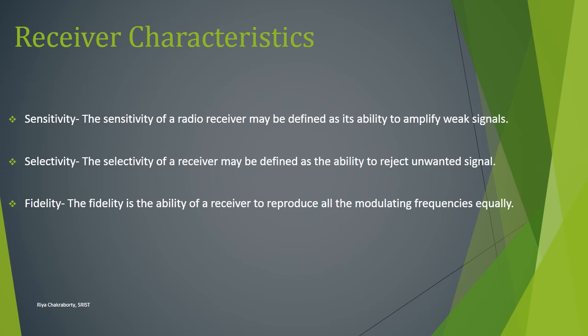Number 2, selectivity is the main factor which determines the adjacent channel rejection of a receiver. And in general, it is mainly determined by the response of the IF section.